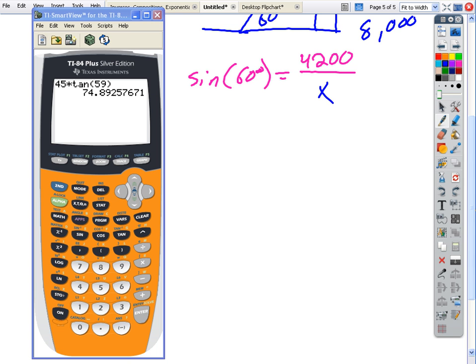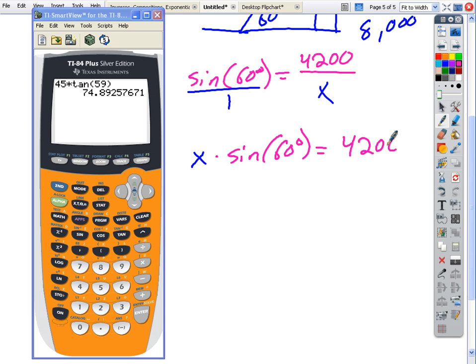I could multiply by x, right? Another way of thinking about it is sine 60 is the same as sine 60 over 1. If I write them as ratios, then what could I do? Cross multiply, same thing, isn't it? If I cross multiply, I'm going to get x times sine 60 equals 1 times 4,200.